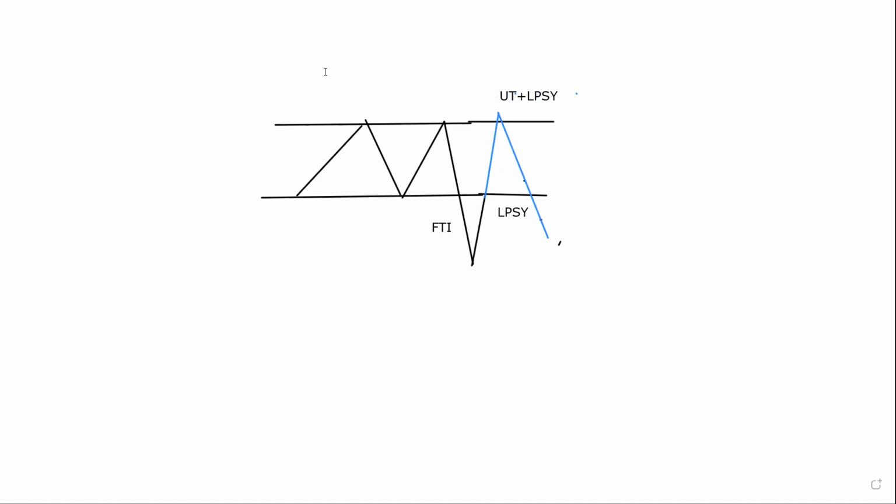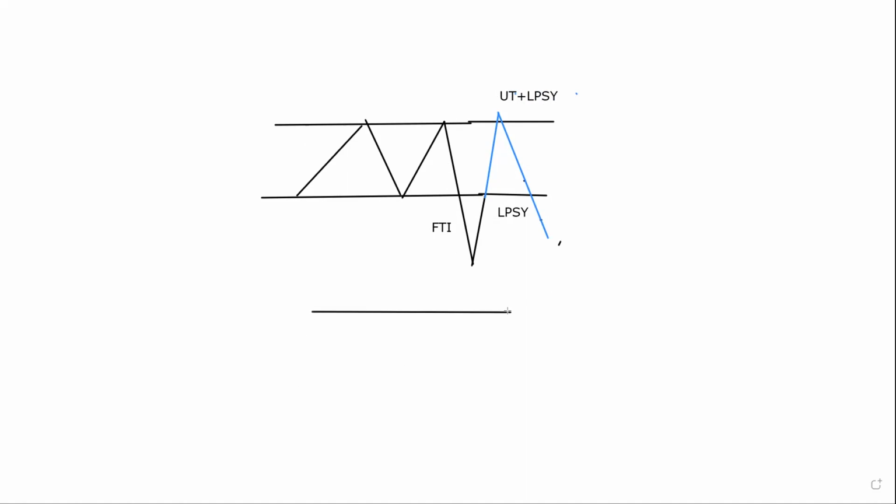The second case, after FTI, what can happen during redistribution? This is a process of redistribution. FTI testing redistribution, then price goes down. After FTI, this is also a redistribution process. This is case one: either we have LPSY or UT plus LPSY.